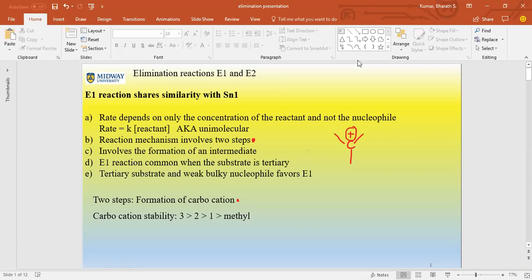If all the 3 bonds are not hydrogens, then we call it a tertiary carbocation. Let's say we have a carbon and one of them is a hydrogen, the remaining 2 are not, and a positive charge. We call that a secondary carbocation.